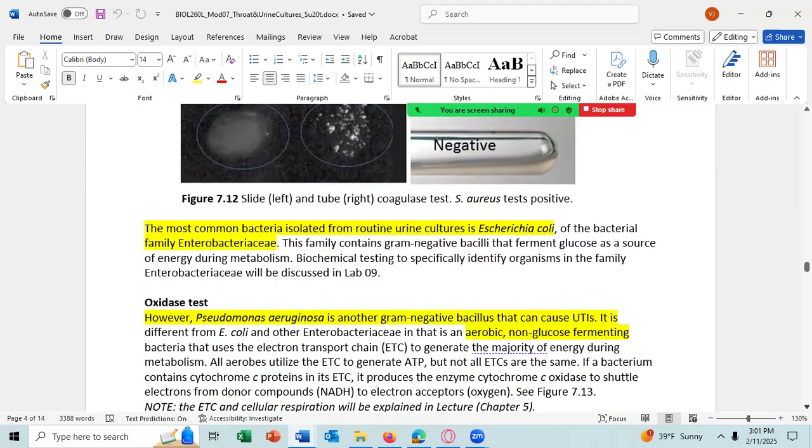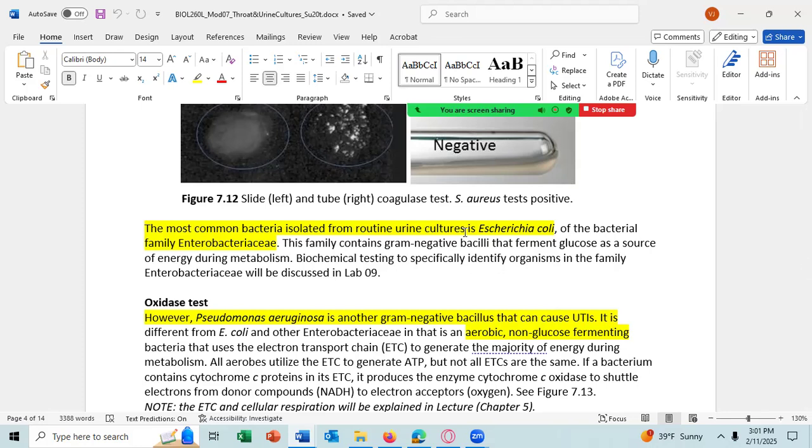All right, the most common bacteria isolated from a urine culture causing a UTI is actually E. coli. But other members of the family Enterobacteriaceae are coliforms which may also cause a UTI.